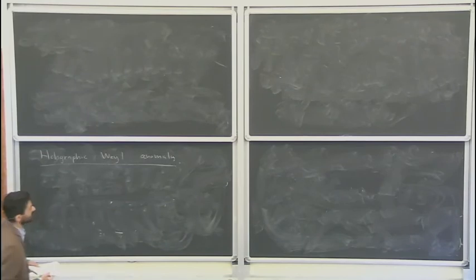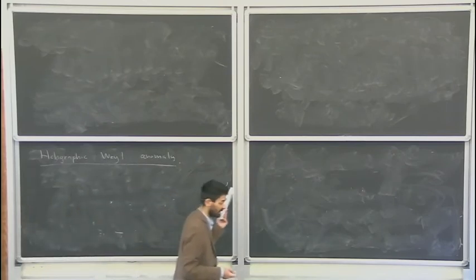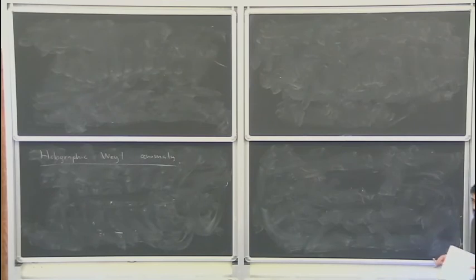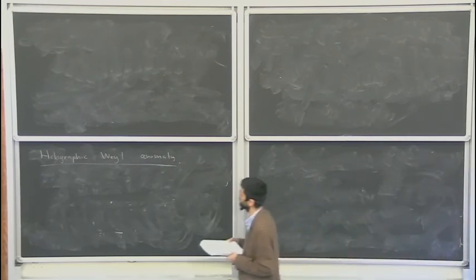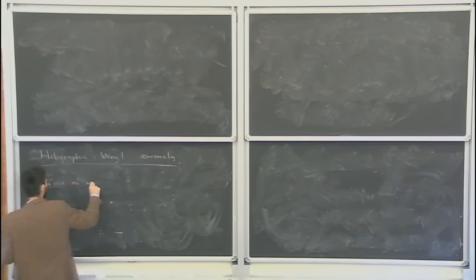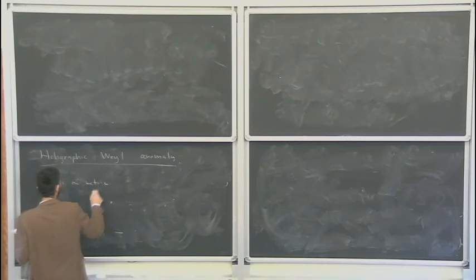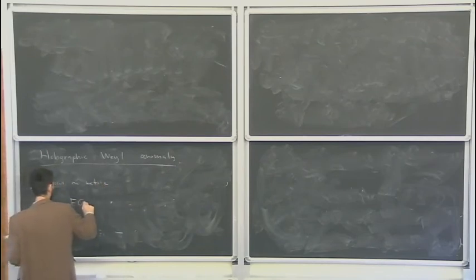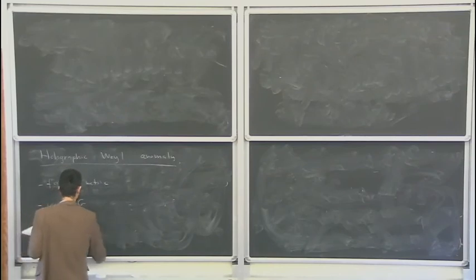So all I have to say is that this procedure here, which I have described for the scalar, can be carried out also for the metric in the Fefferman-Graham coordinates. Right? So focus on the metric. Use the Fefferman-Graham expansion.